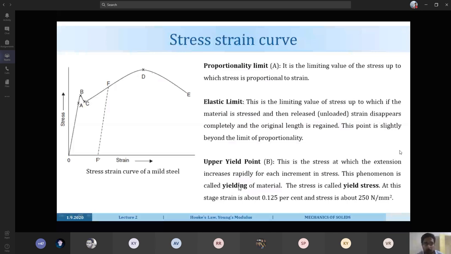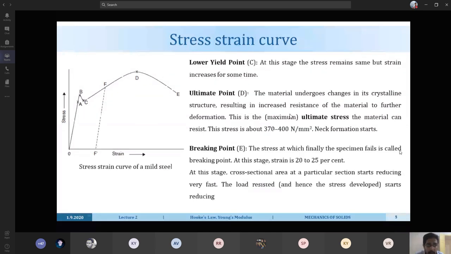Usually for steel, the yield stress is almost 250 megapascal, and the strain is also 0.125%. This I am saying with reference to mild steel. And next comes the point C, which is called the lower yield point.